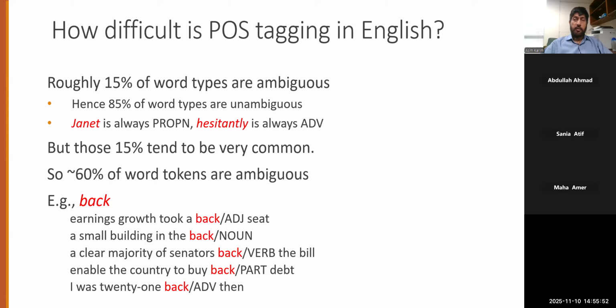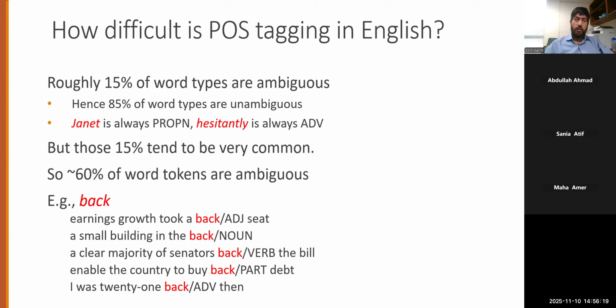So about 85% have well-defined fixed POS tags, and you typically don't have an issue there. There are examples in which you have words that always belong to one class. But there are 15% that are ambiguous.